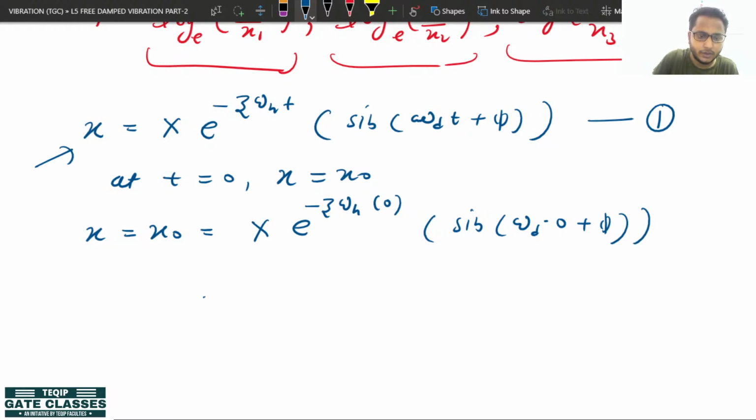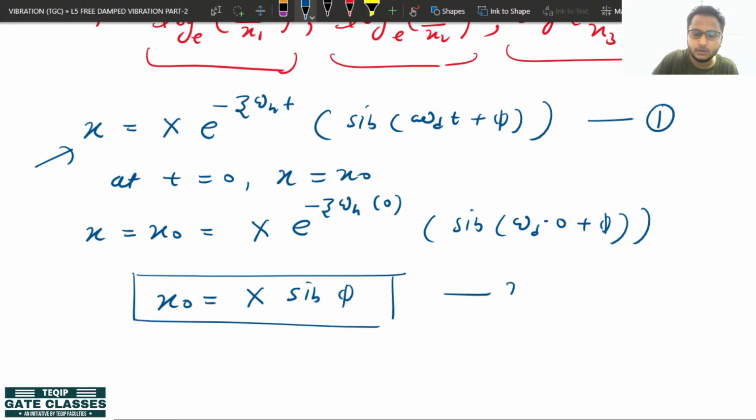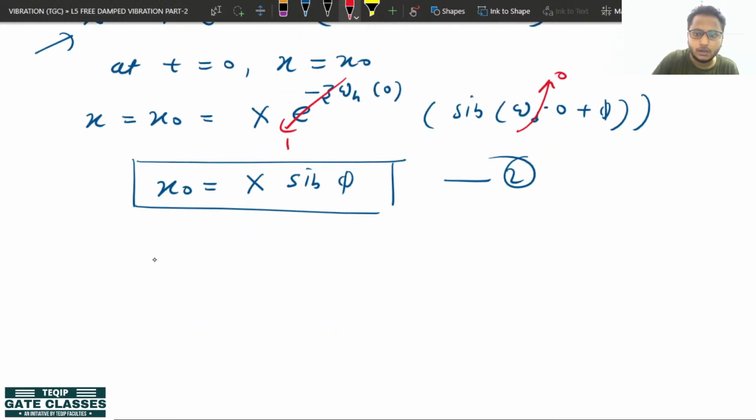So we will have x naught equals capital X sine phi. This is the value of x naught, equation number 2, because the exponential becomes 1, and omega d into 0 becomes 0, so sine phi remains.